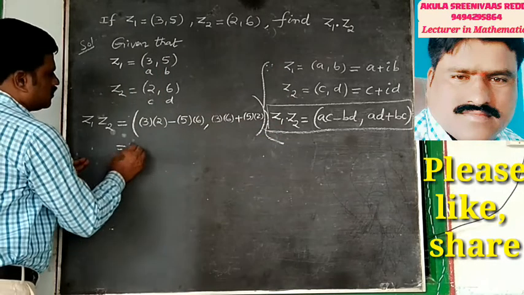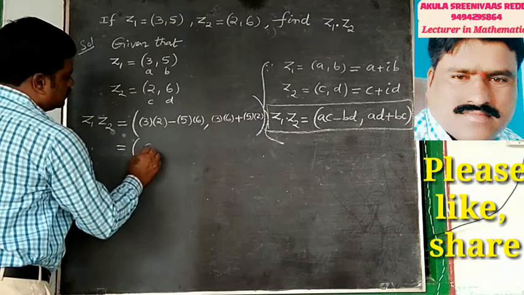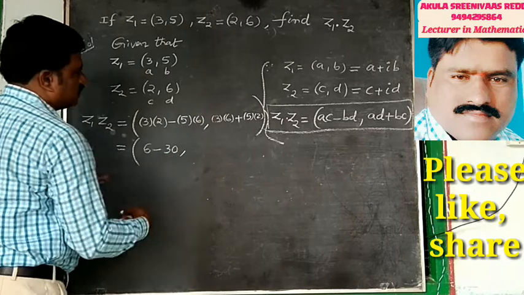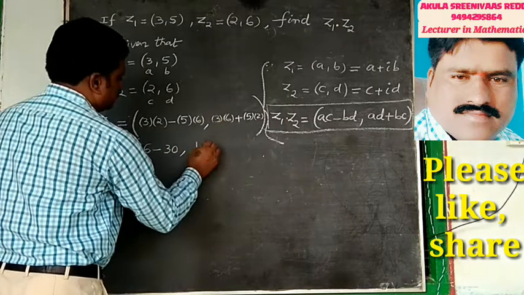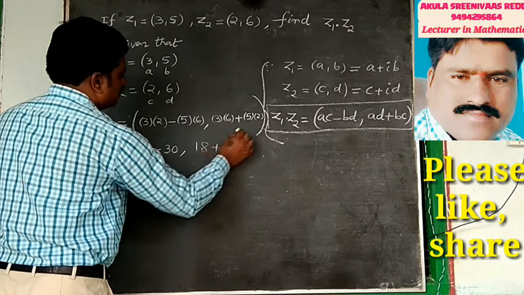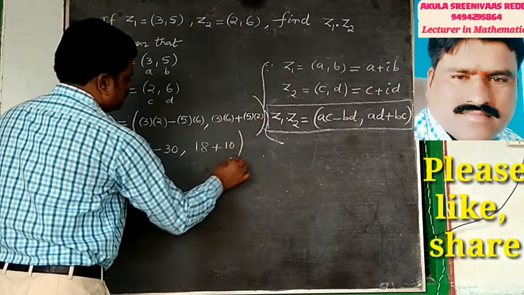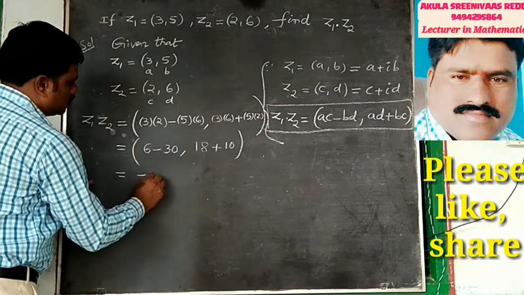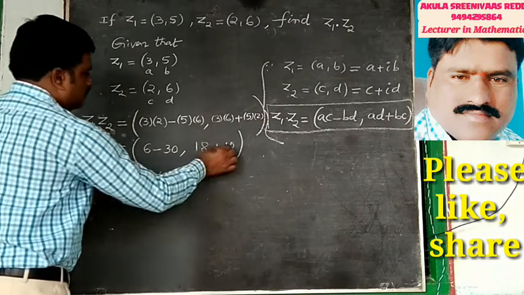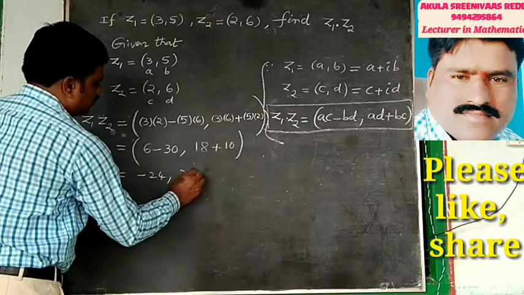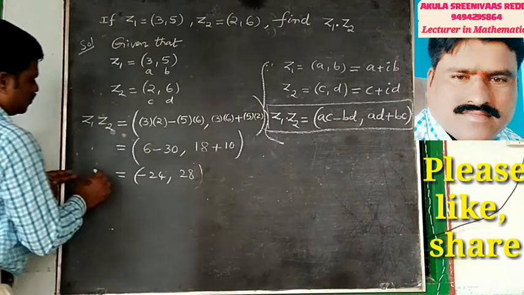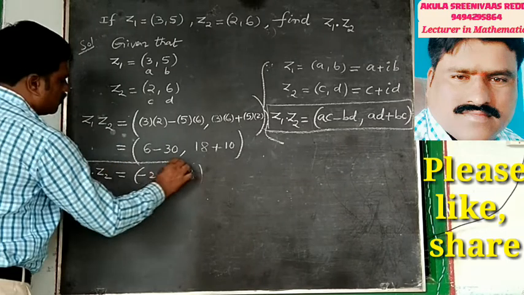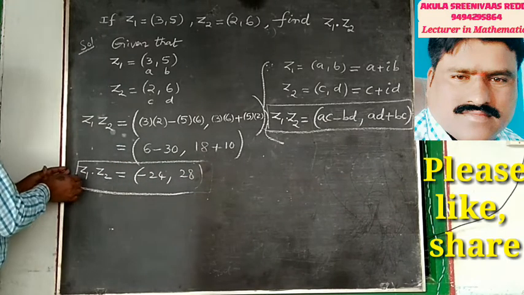Now we calculate: 3 2s are 6 minus 5 6s are 30 comma 3 6s are 18 plus 5 2s are 10. That is equal to 6 minus 30 is minus 24 comma 10 plus 18 is 28. So therefore Z1 into Z2 is equal to minus 24 comma 28.